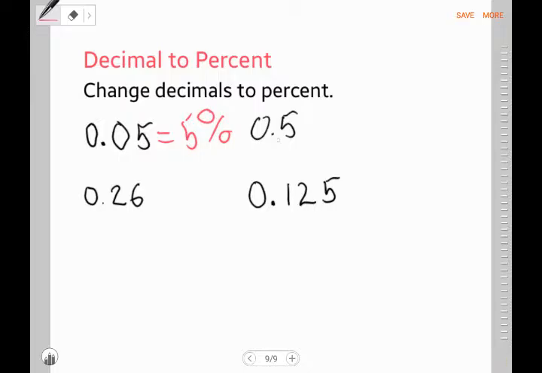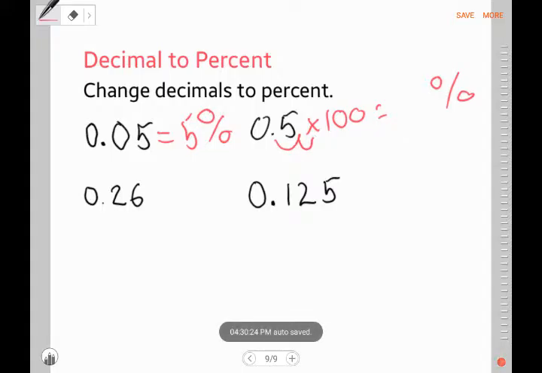Here I've got 0.5. If I times that by 100, it's going to give me my answer in terms of percent. So what's 0.5 times 100? Well, I just need to move my decimal over 2 spots, right? So that's going to be 50%.